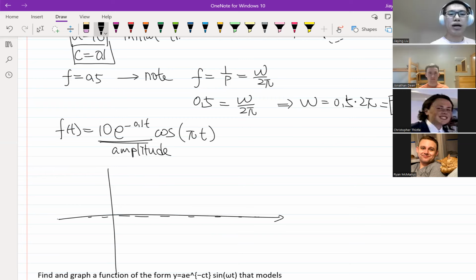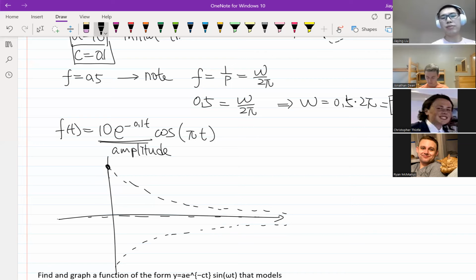So we can just graph it. Exponential decay function begins with 10. So that's going to look like this. That sort of gives us the upper bound, and we need to know the lower bound. So just literally take that curve and reflect it over the midline so that we get this lower piece.